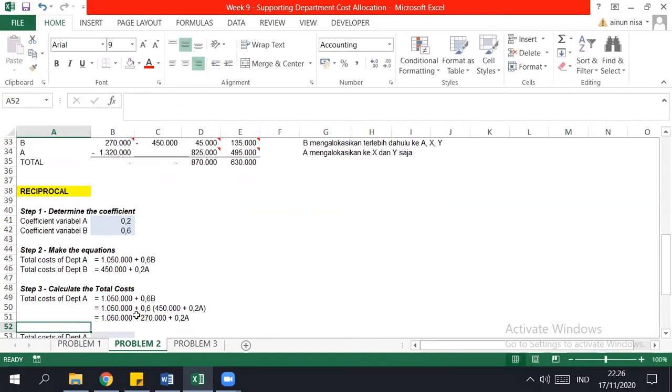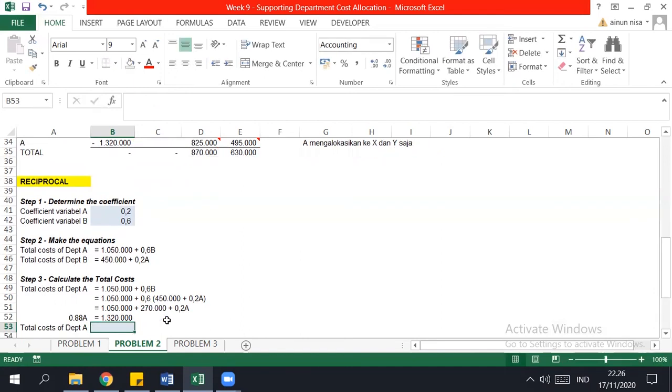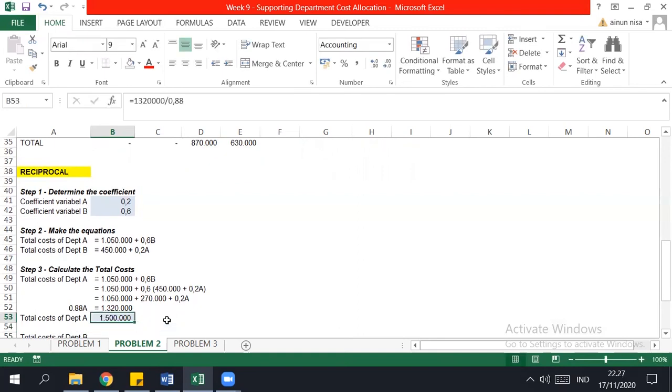And after that, we can move the 0.2a to the left side, so it is equals to 0.88a. And then on the right side, we have to sum 1,050,000 with 270,000. So it is 1,320,000. Therefore, the total cost of department A is 1,320,000 divided by 0.88. So it is 1,500,000.